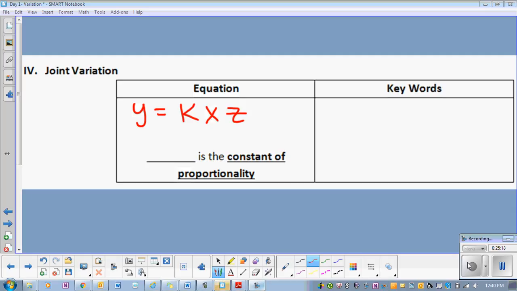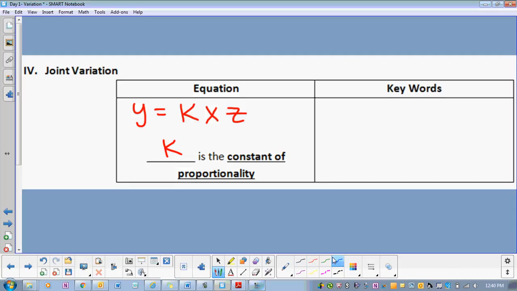Joint variation looks like direct variation because it's all multiplying, right? But you just have an extra variable there. You're just going to have more variables. But what is still the constant of proportionality?